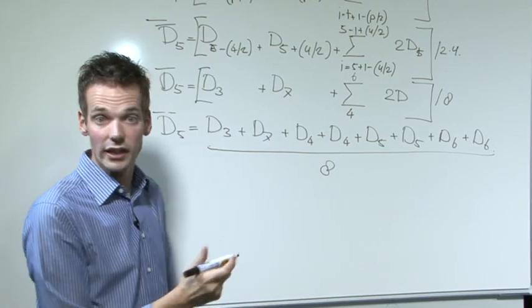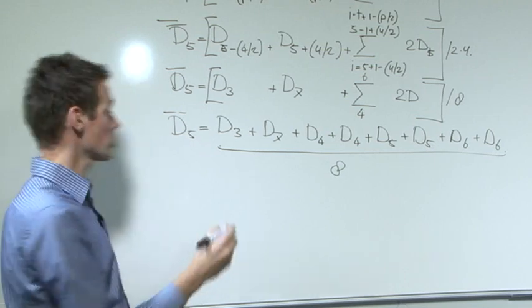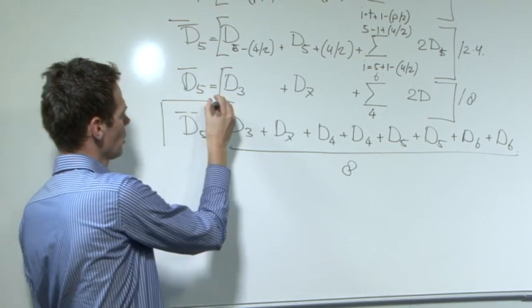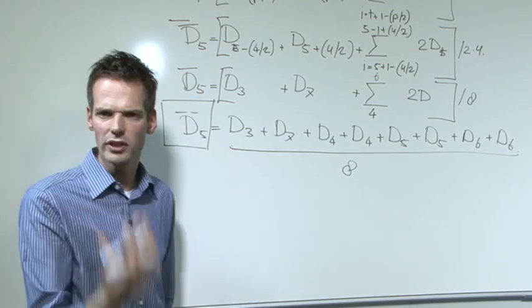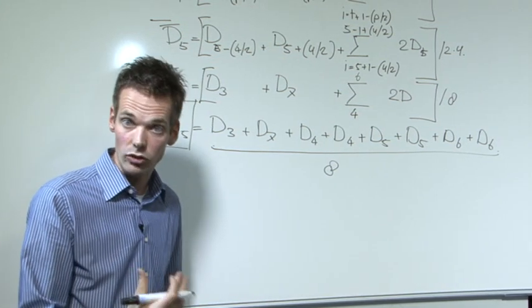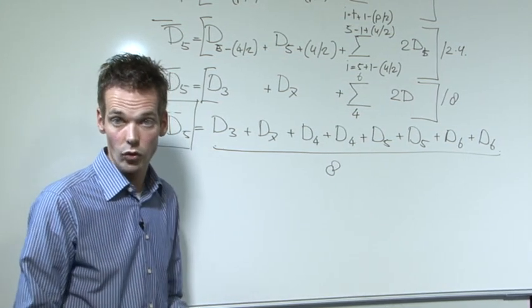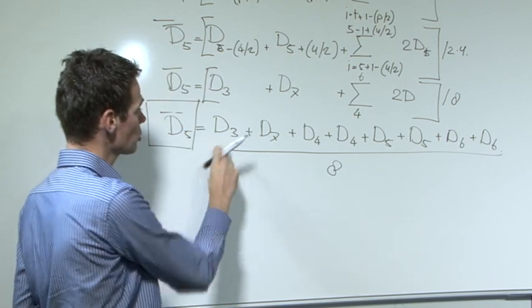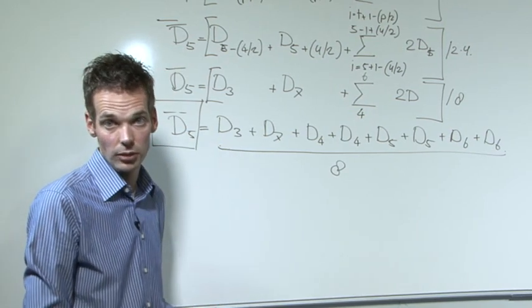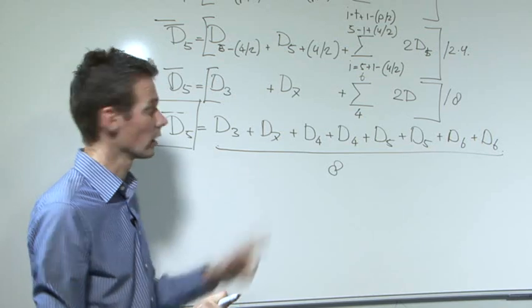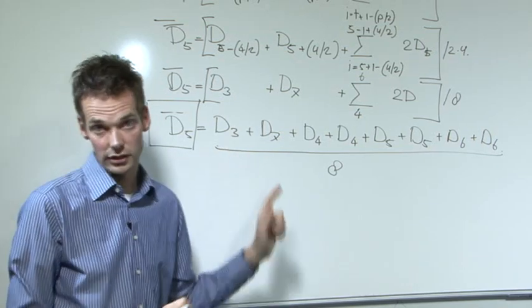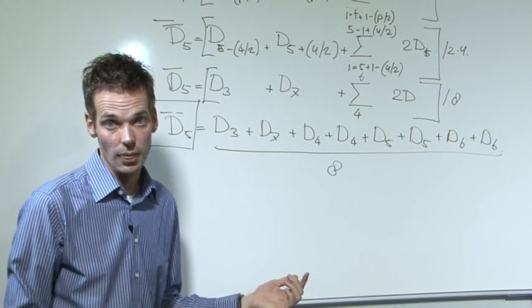This is how we calculate the average demand for period 5. So if we want to calculate the average demand for period 5, we use this formula and this working of that formula.